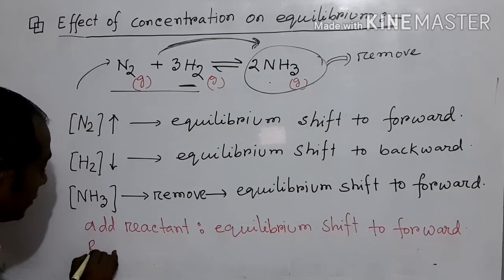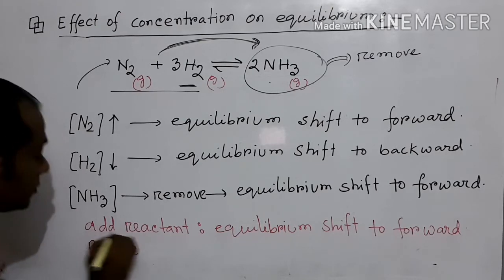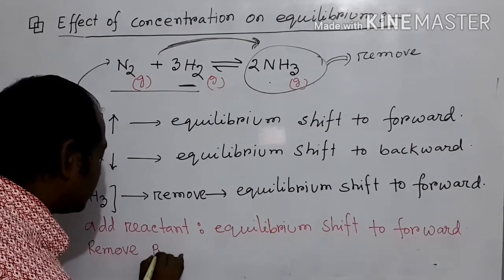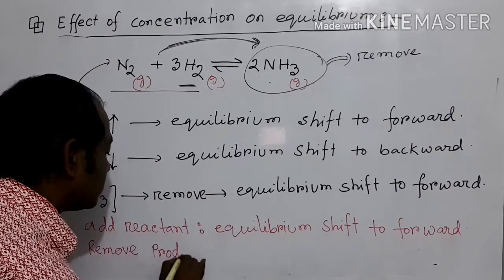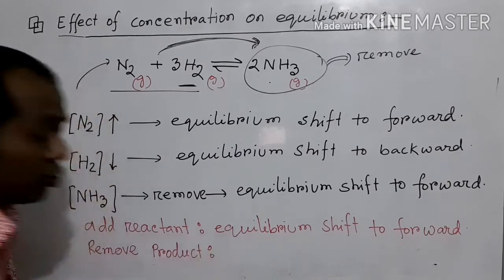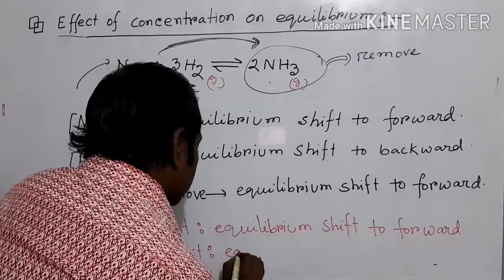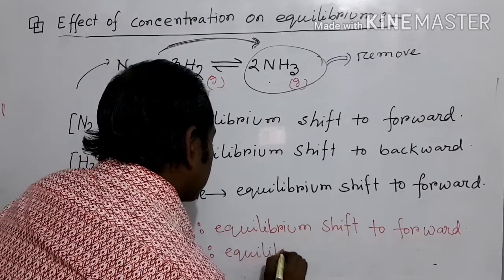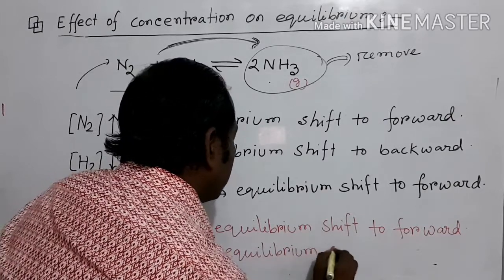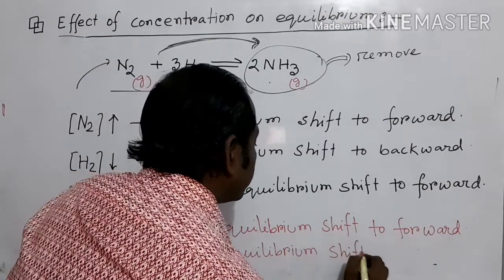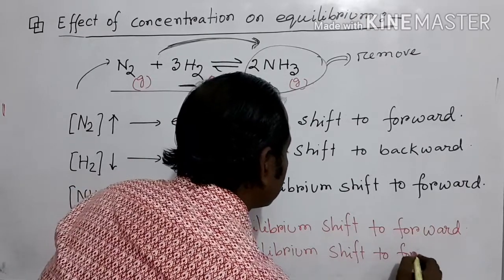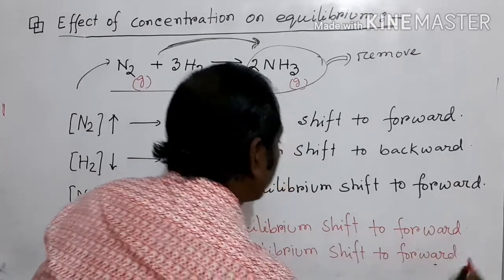If we remove product at equilibrium state, then a new equilibrium will be established by shifting the reaction forward.